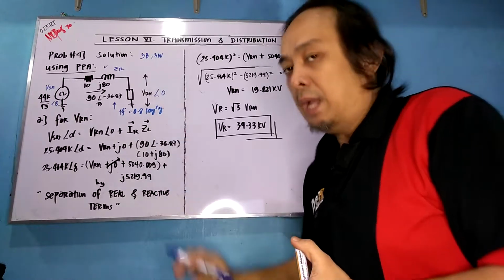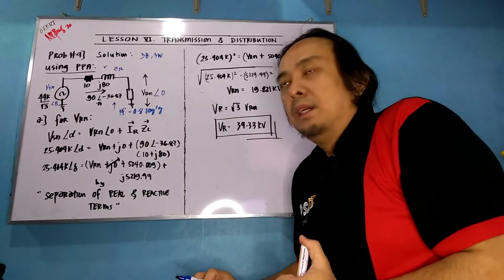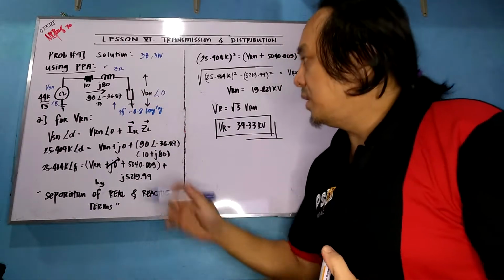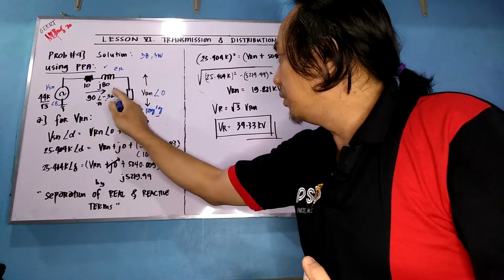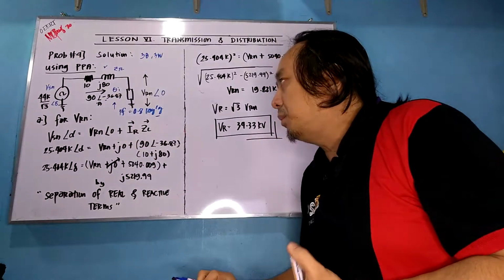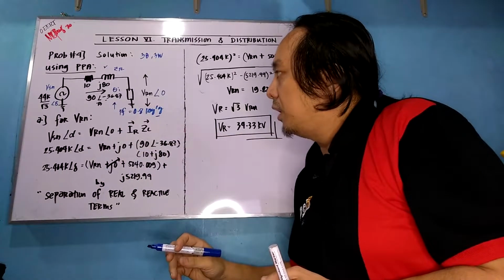In order to get the angle, you need to have the cosine inverse of your 0.8. And then from our cosine table, since this is lagging, you consider the angle of your theta I as negative 37. Now you have 10 plus J80 per phase, no, of your R and JX.